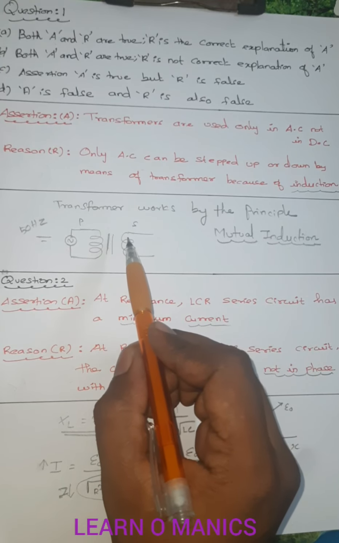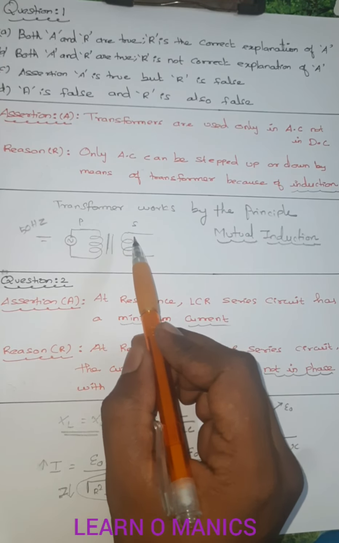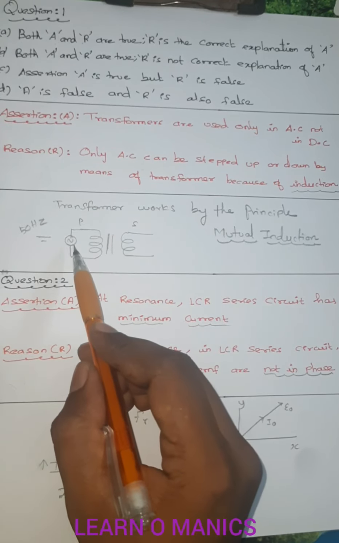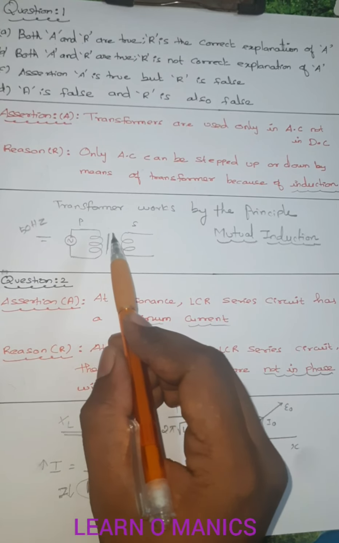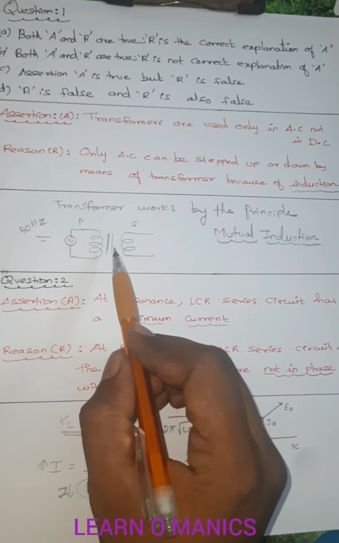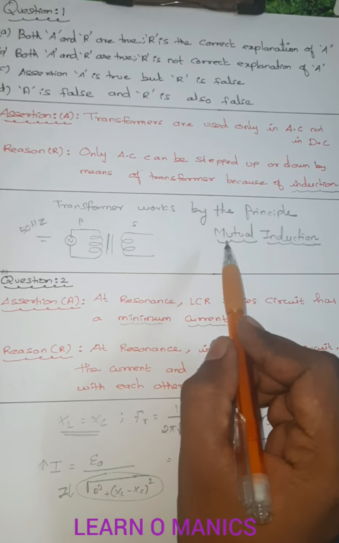Therefore, due to electromagnetic induction in the secondary, there will be production of induced current and induced EMF. So if I give an AC supply to the primary, it can produce induced EMF in the secondary without any physical connection, with the help of the mutual induction process, right?